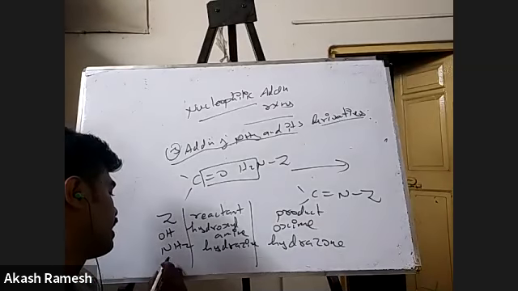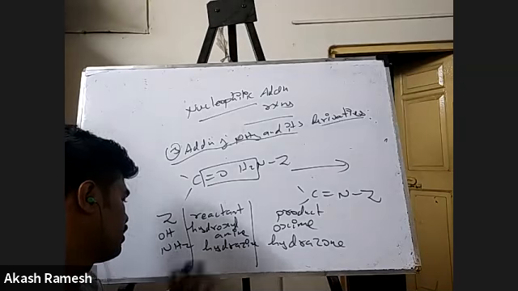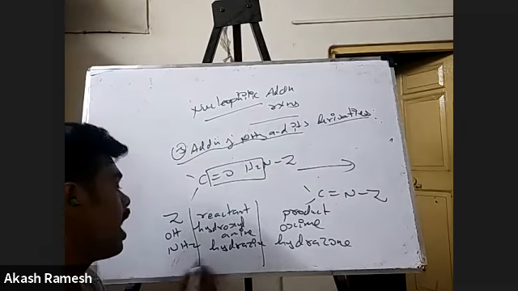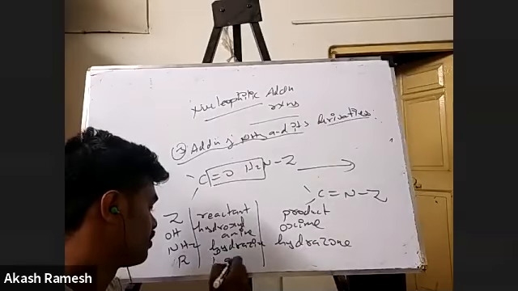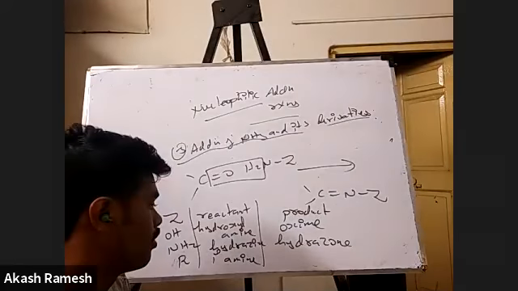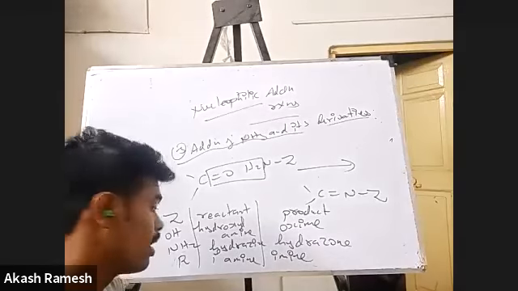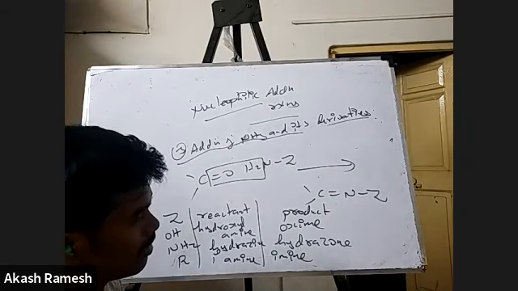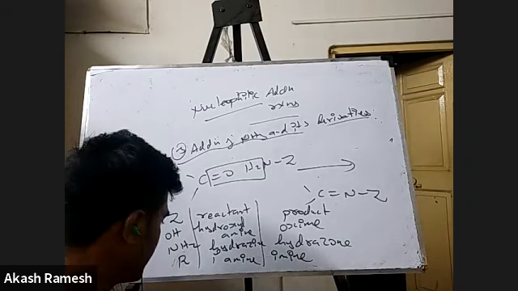Then if you had NH2R, basically this is a primary amine. Primary amines will form imines. Secondary amines will have some difference, and will form enamines, but we'll say that later.